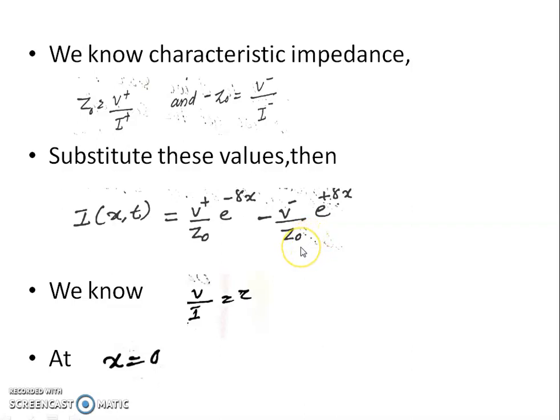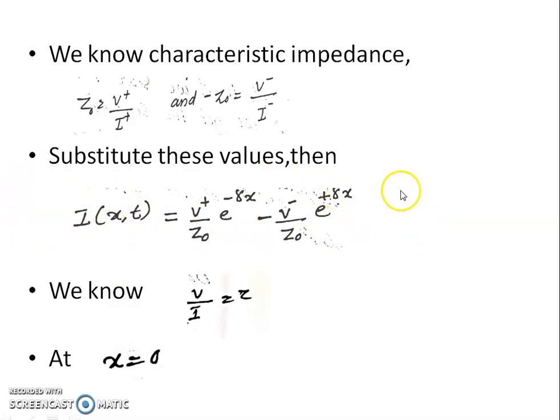In the case of a traveling wave, it has two components. One is the traveling wave moving in the forward direction, and the second is the traveling wave moving in the backward direction. The same applies to the current wave.